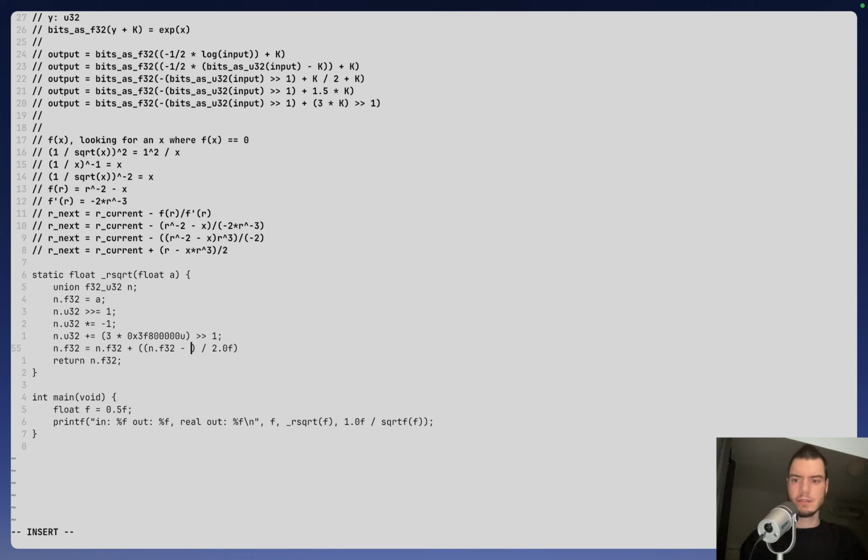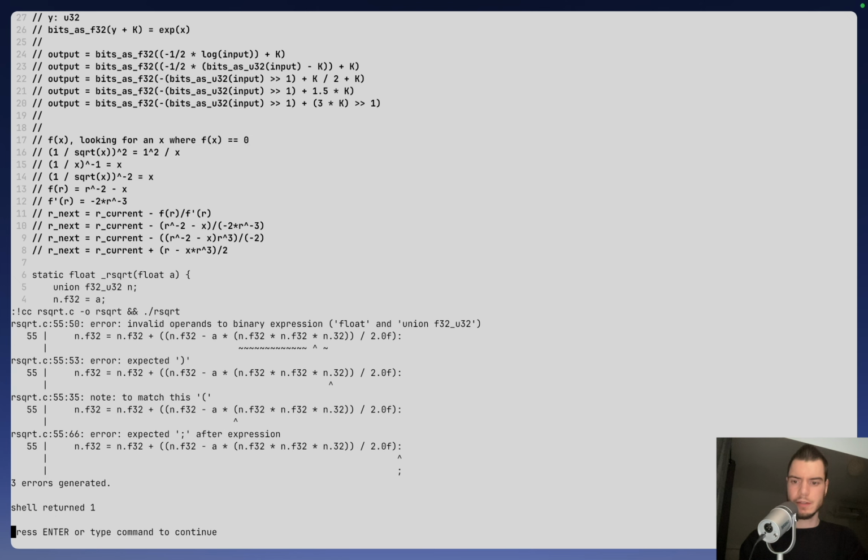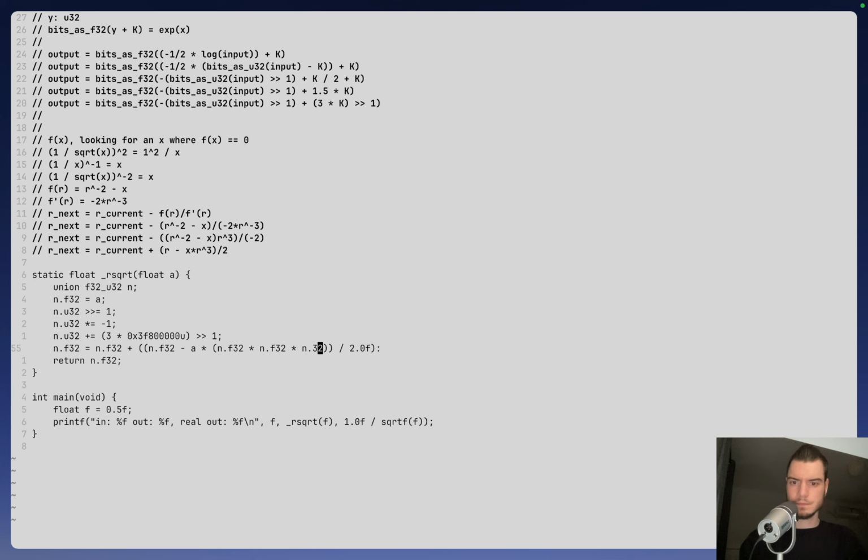X is our original input value times, there's still room for optimization here. But let's try what we get with this. The semicolon here. Yep.